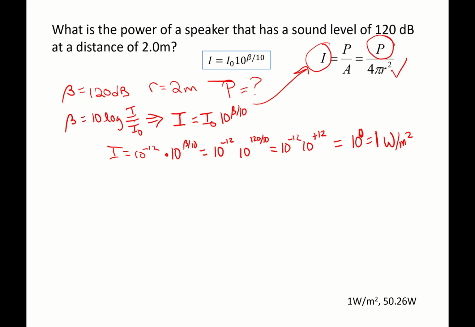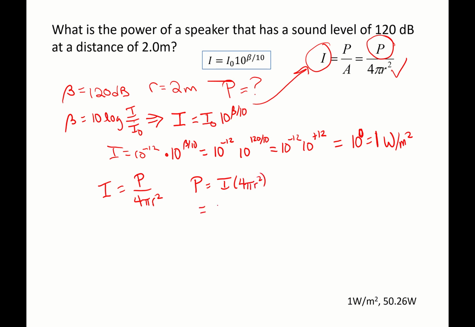Now I need to find the power. So I've got I is equal to P over 4 pi r squared. If I want to rearrange it to find P, I need to take the denominator and multiply it up. So P is equal to I times 4 pi r squared.